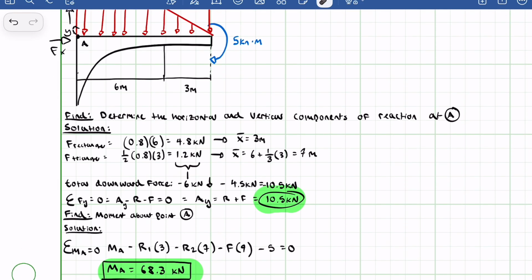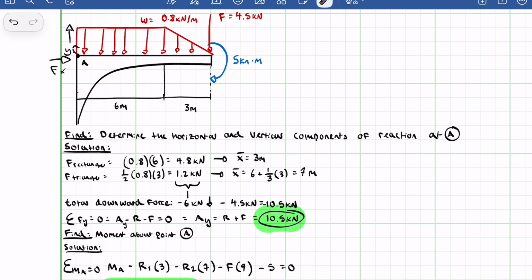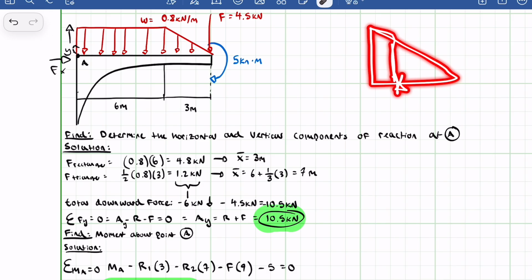Then to find the centroid of that triangle, if you recall, the centroid of a triangle is going to be 1/3 of it as long as this side is bigger. If you have a triangle like this, it would be 2/3 because that's where the most mass is. 1/3 in our case is true because the most mass lies to the left. So it's 1/3 of the triangle there.